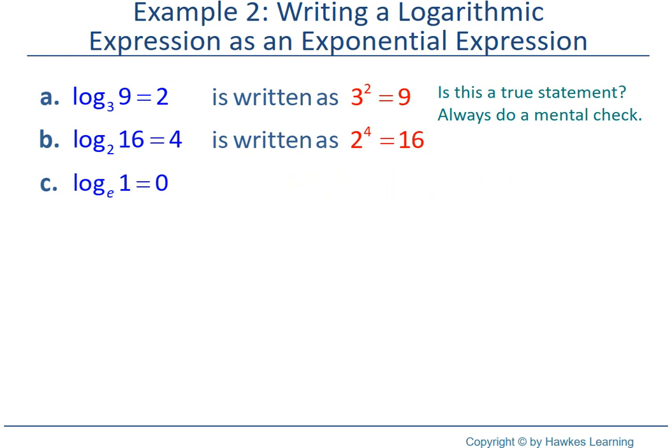I'll do this one for you. Our base is e, our exponent is 0, and our answer is 1. Now, keep in mind that anything to the 0 power is 1.